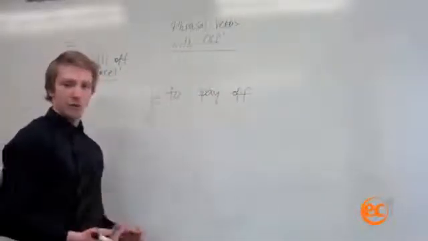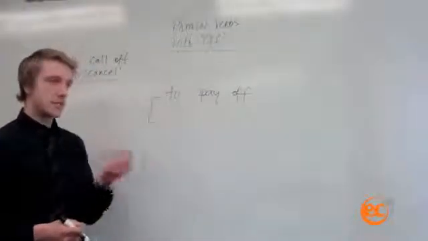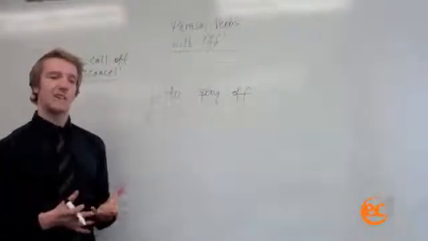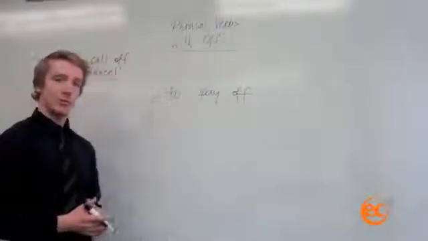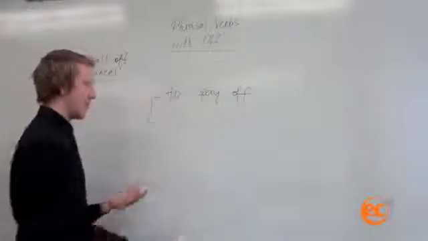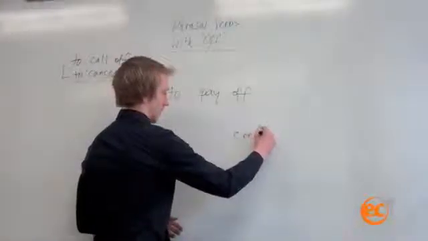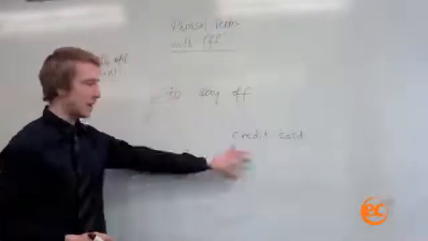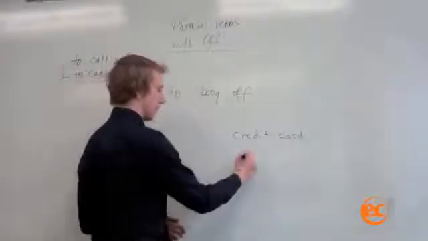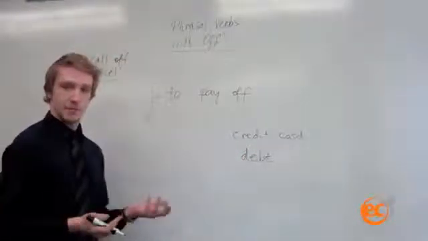To pay off. Well, you're thinking, I've seen this verb before. It's related to money. So what kinds of nouns, what kinds of things do we pay off? Well, for starters, we can pay off, say, a credit card. Often, when we have credit cards, we are in lots of debt. Yeah.